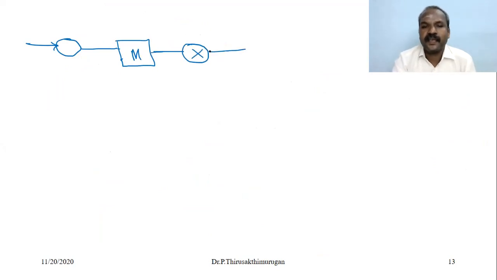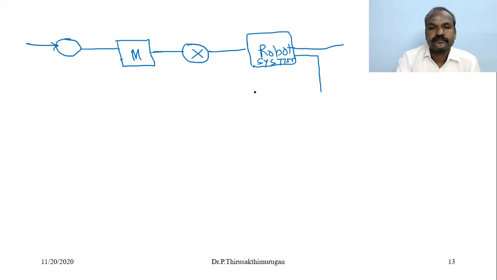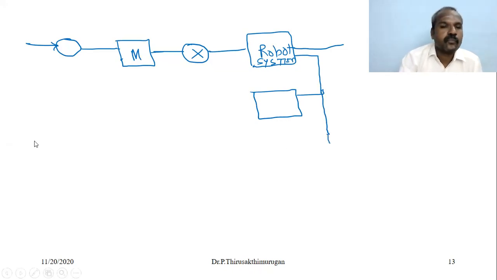Just we are improving the control system block diagram. Clear? This is the improved version from the previous one, right?